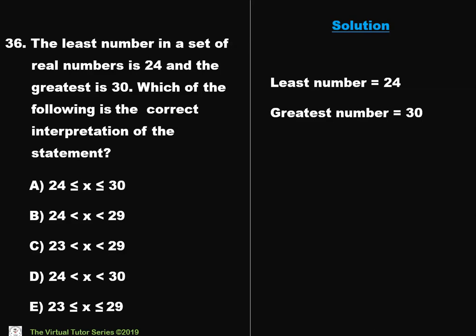If we are to list the elements within the set, we will start from 24 and end at 30, meaning that 24 and 30 are both inclusive of the set of elements. Therefore, this statement can be written as x is greater or equal to 24 and less or equal to 30. Hence, option A is the correct answer.